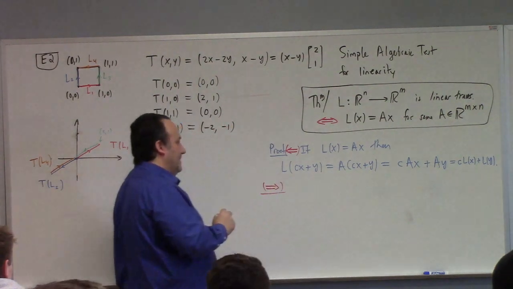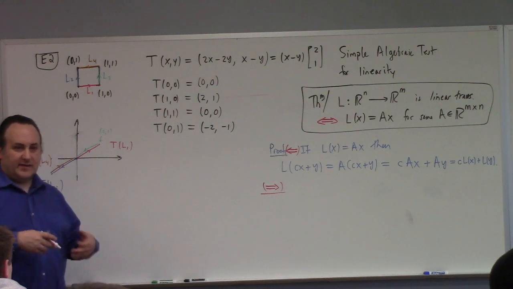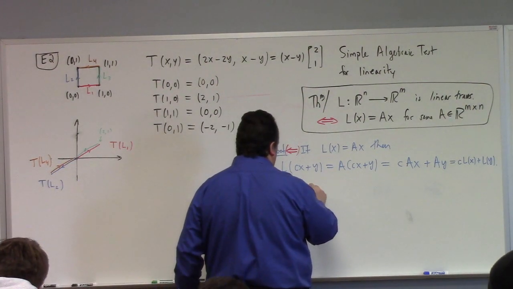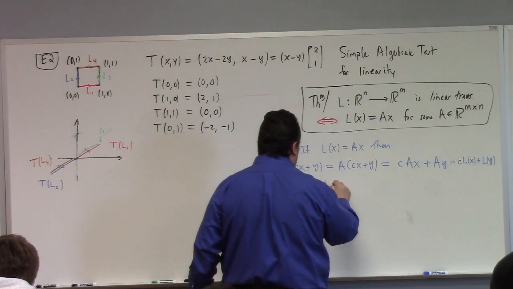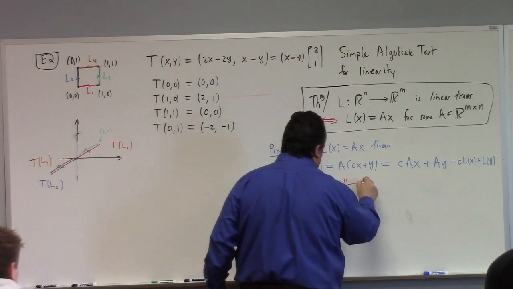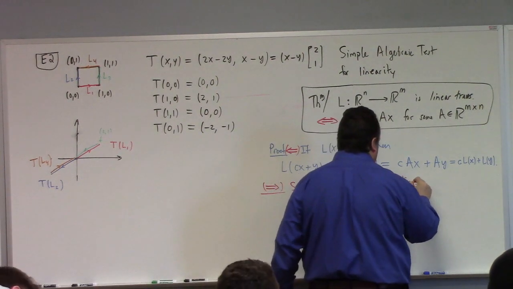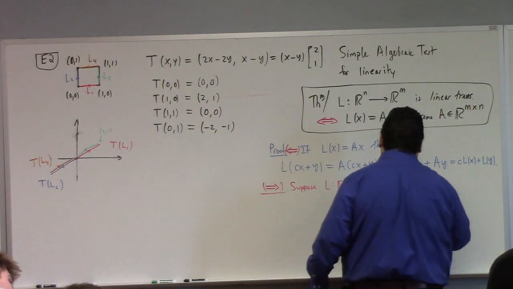But for the other direction, suppose L from Rn to Rm is a linear map.